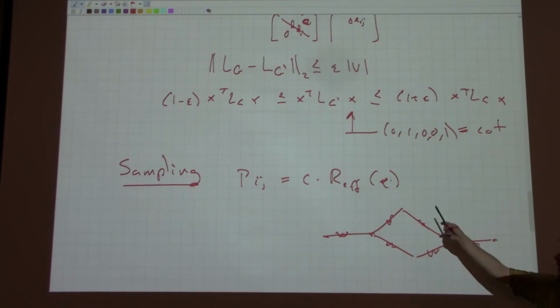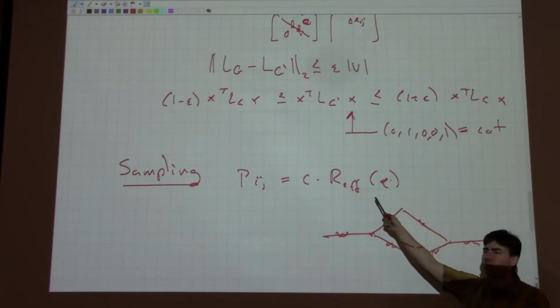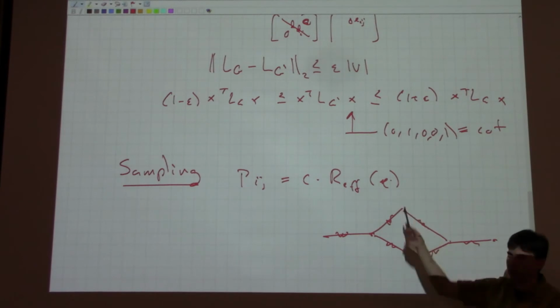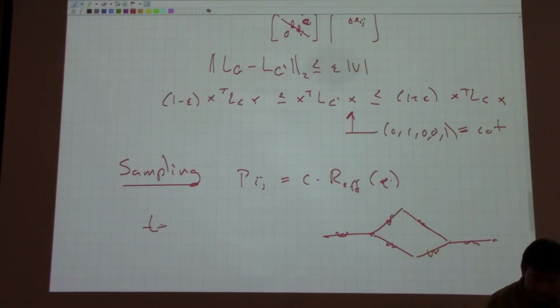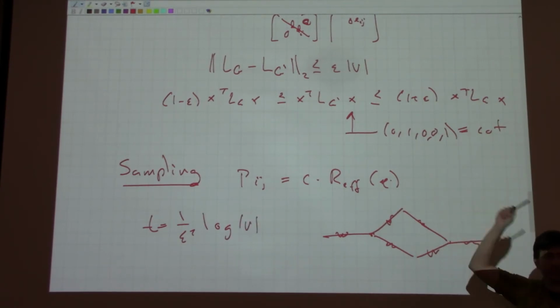So it's harder to calculate these values, but if you sample according to this, again with t equals 1 over epsilon squared log v, then you're going to get this stronger bound here.